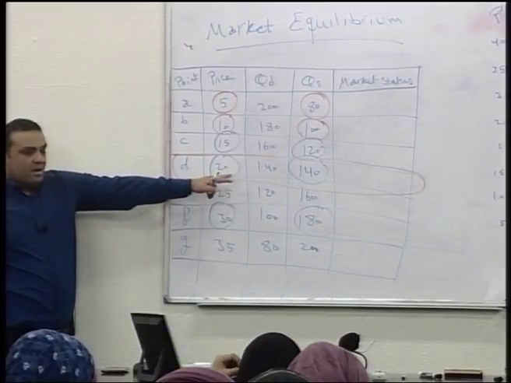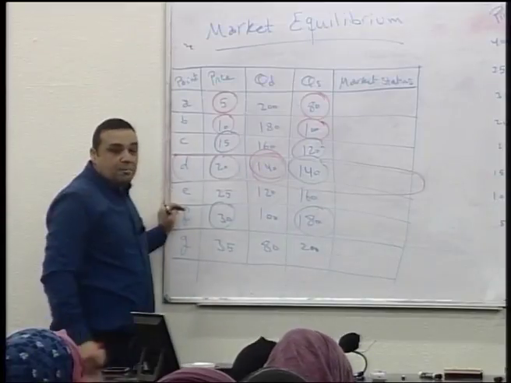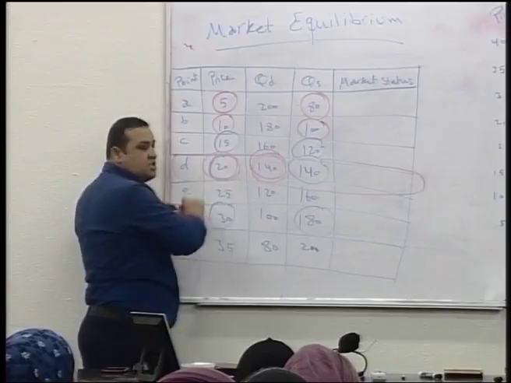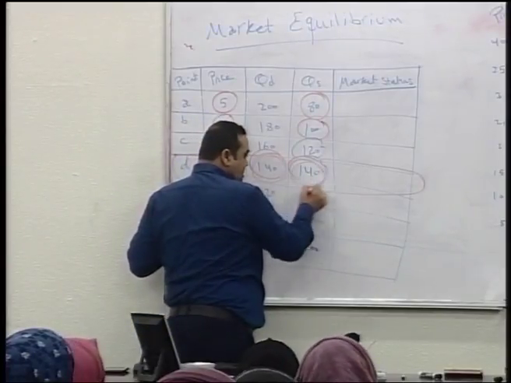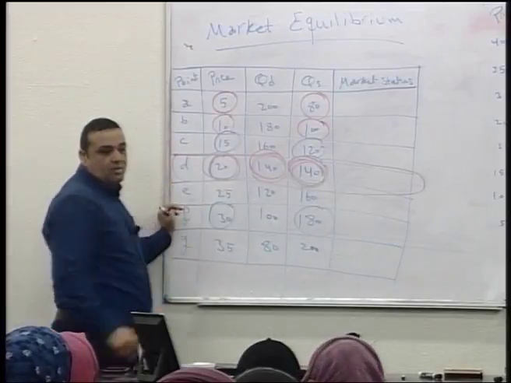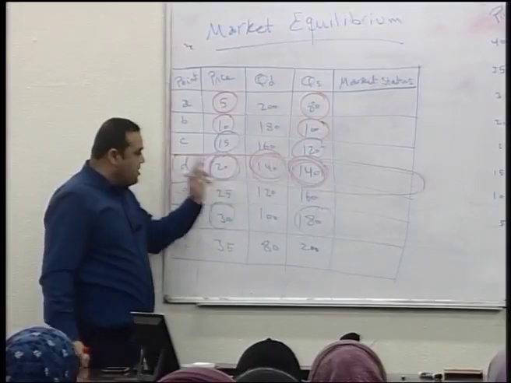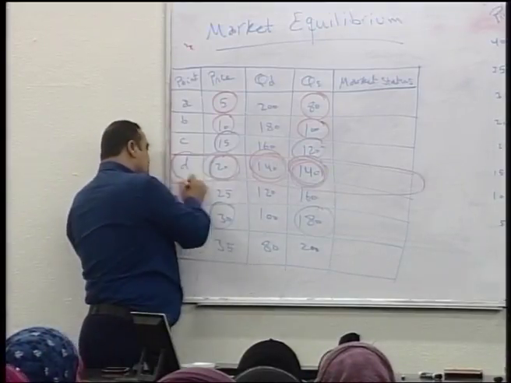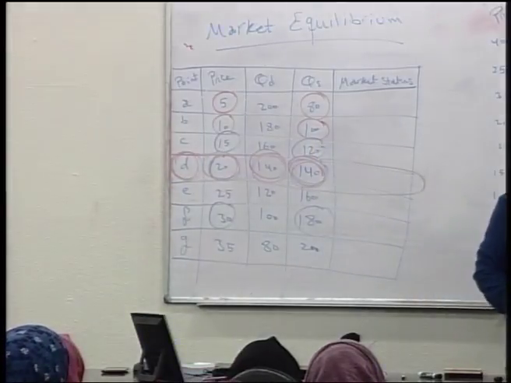The consumer agreed to buy the product at 20 shekels. And the producer, the seller, also accepts to sell the product at this price here. At this point, they call it the equilibrium point. Equilibrium point.